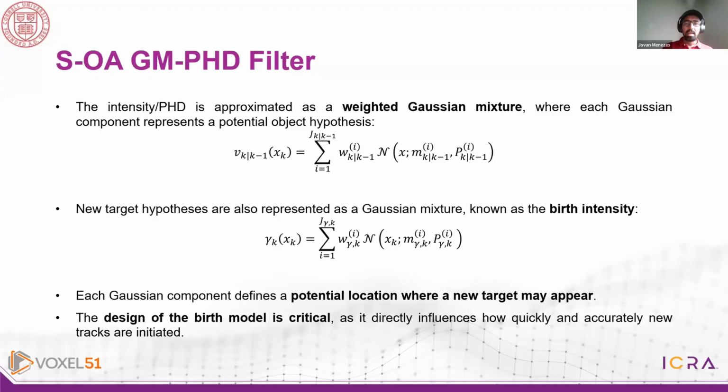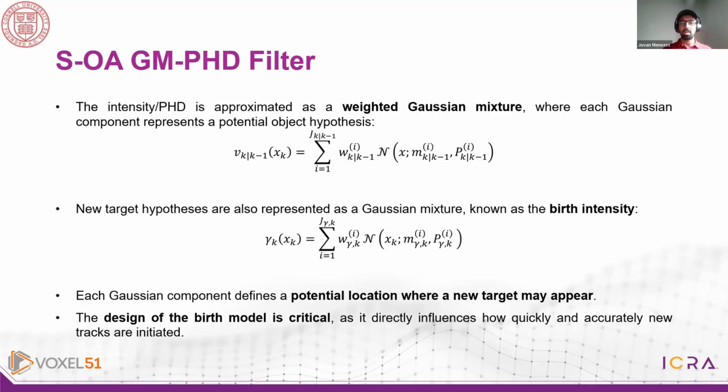So in our work, the intensity is represented by a combination of weighted Gaussian mixtures, as seen over here. So we represent the predicted intensity over here, nu_{k|k-1}, by a combination of weighted Gaussian mixtures, where w represents the weight of each component, and the mean and the covariance are represented by m and P, respectively.